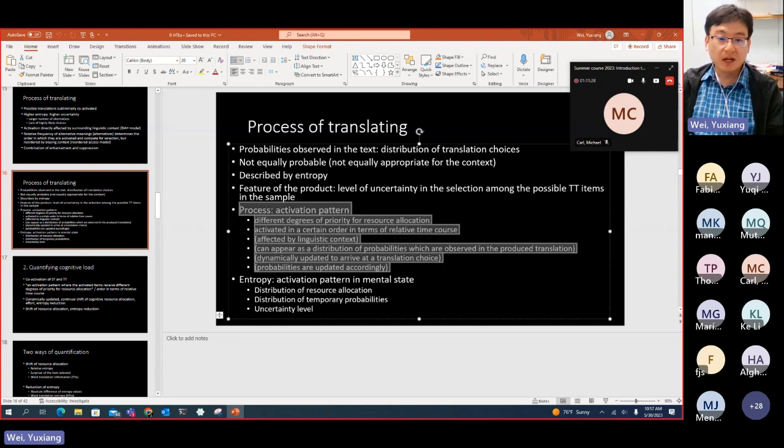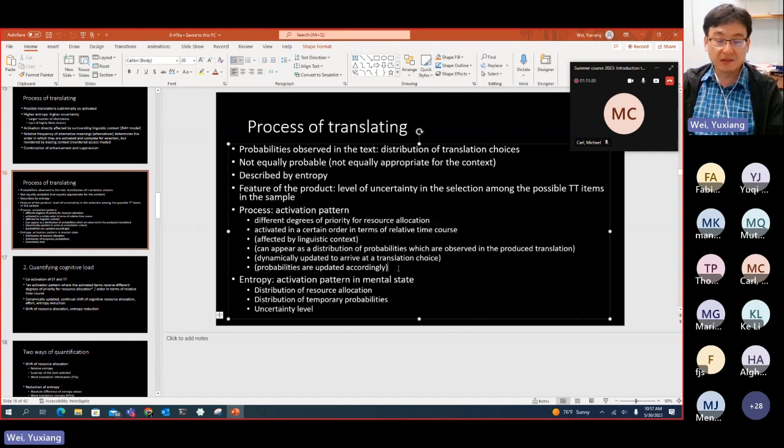So if we have this process, then each mental state would correspond to a different activation pattern and a different entropy value that describes that pattern. Eventually, that entropy level would be reduced to a reasonably low level. So at any two points in this process, we can compare the entropy level in one mental state and the entropy level for another mental state, and essentially those are probability distributions.